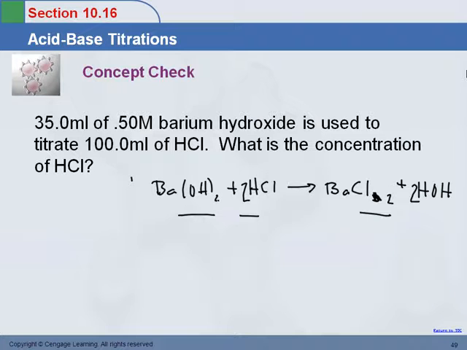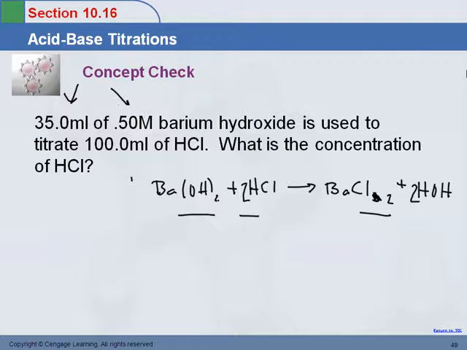I balanced the reaction. Step 2 was to take my volume and molarity of the substance that was given and use it to calculate moles. So when I go back and read the problem, I see I have 35 milliliters and a molarity for barium hydroxide. So remember, with molarity, we can use it as a unit conversion, just like we did in Chapter 8.